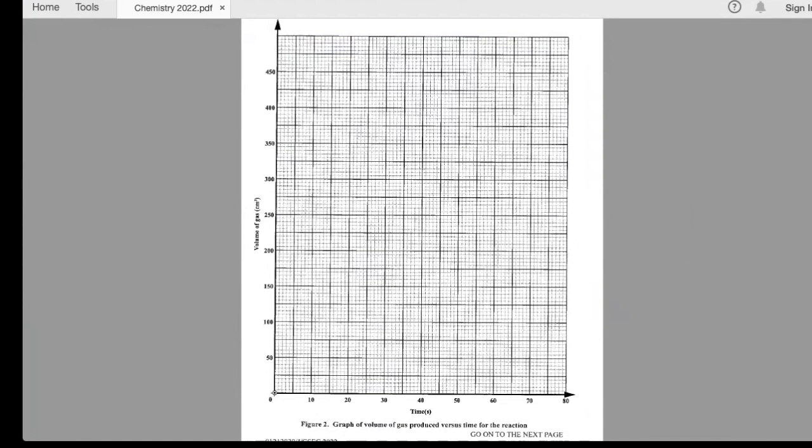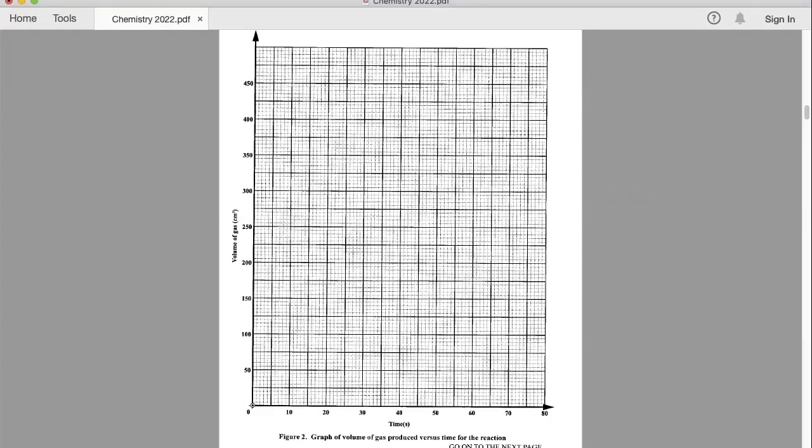So looking at the x-axis, we see that each centimeter is used to represent 5 units. So that's 5 seconds, right? So we're going up 5, 10, 15, 20, and so on. So it means each of the smallest squares that is present is representing 1 second.